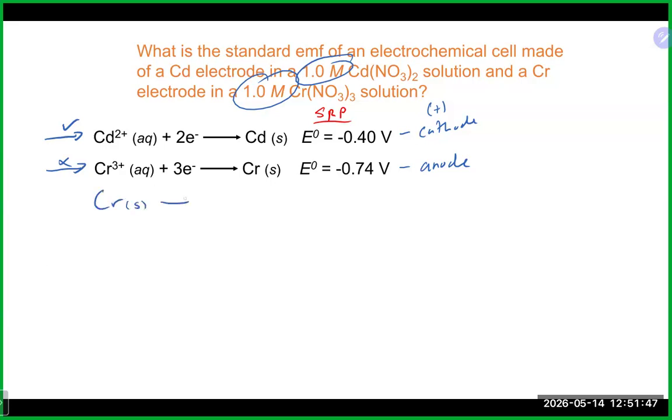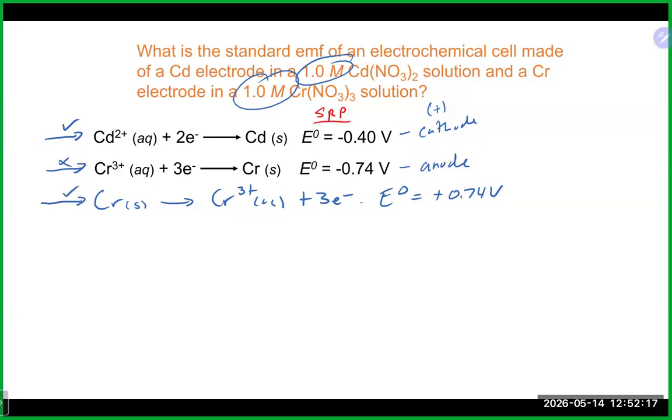If I reverse this reaction, my E value goes from negative 0.74 to positive 0.74. This is sometimes referred to as an SOP, a standard oxidizing potential, because this is an oxidation reaction.